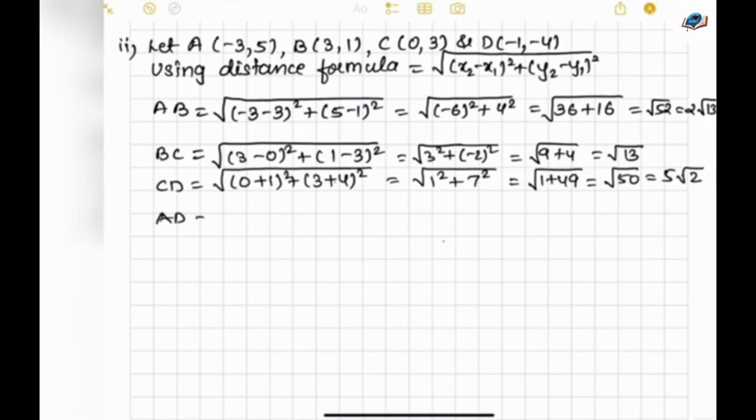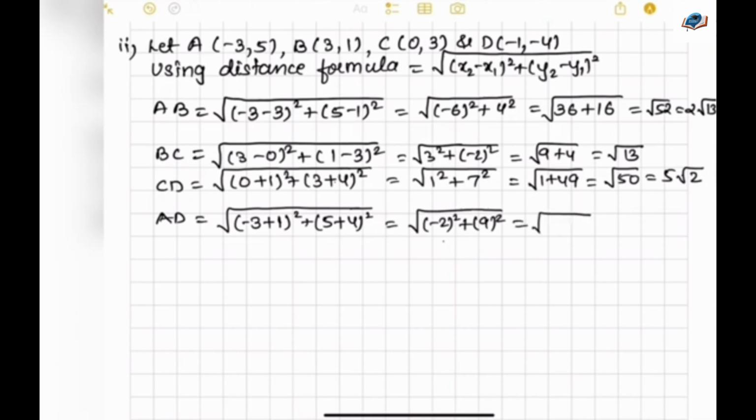So 5 root 2. And AD is root of (-3 minus of minus 1), so plus 1, (5 minus minus 4), so plus 4. So this will be (-2) square plus 9 square. So (-2) square will be 4 plus 81. So that is root 85.